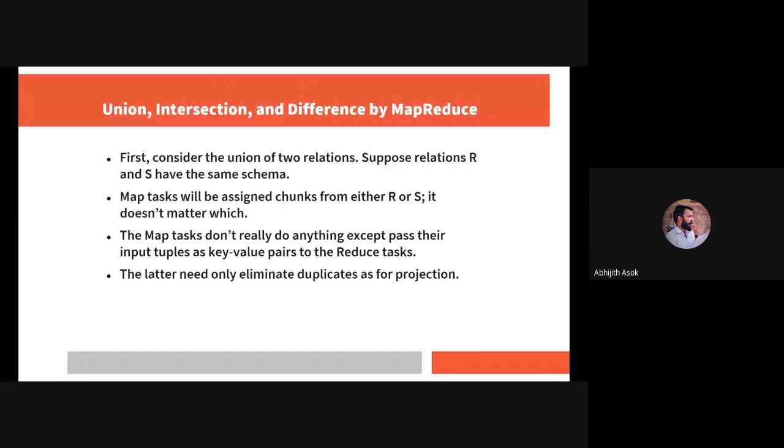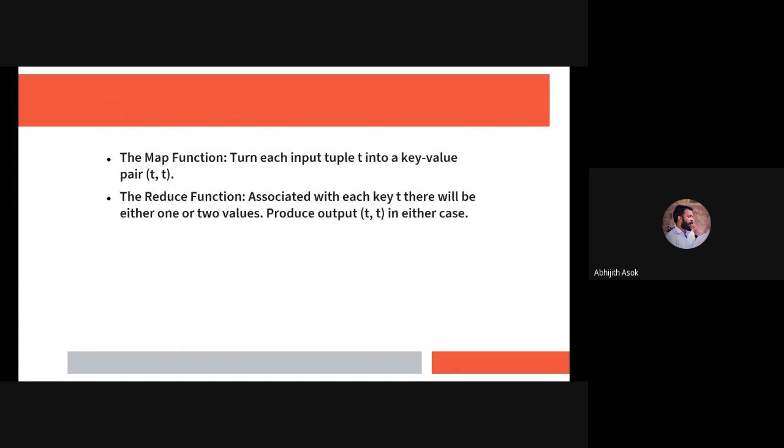The latter need only eliminate duplicates, as for projection. The map function turns each input tuple t into a key value pair t, t. In the reduce function, associated with each t there will be either one or two values. Produce output t, t in either case.